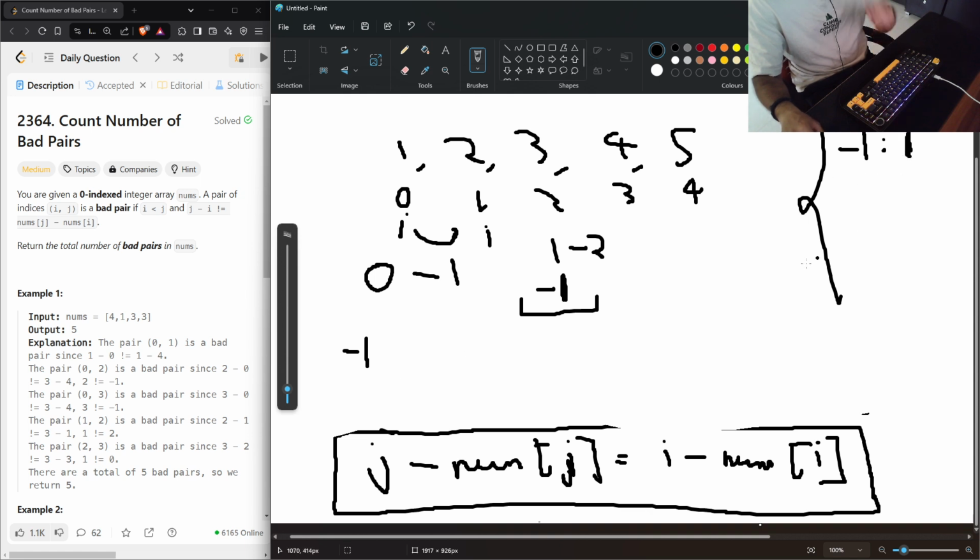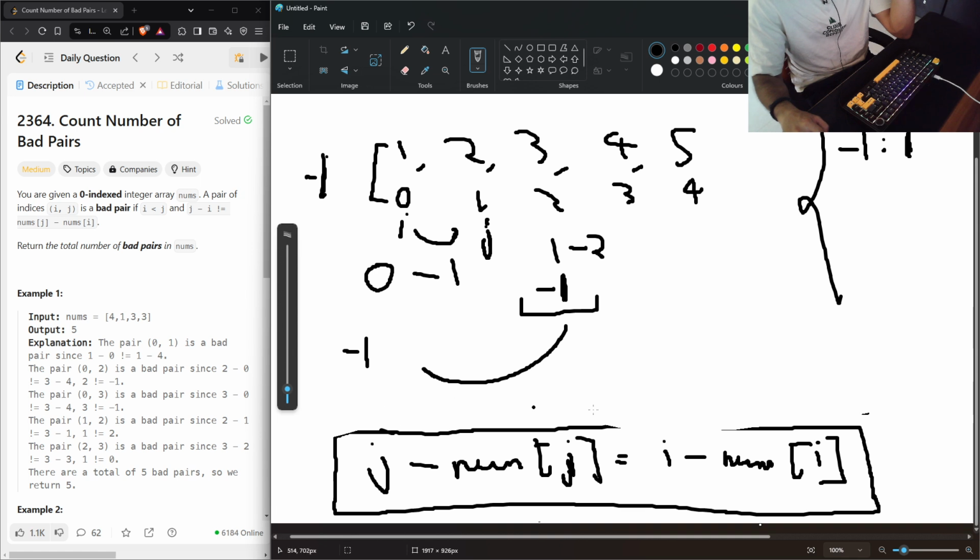This minus 1 that we found here can be paired with the minus 1 we already have in the hash map. This is the first index where we found a minus 1, and then again we found the same thing on this one. So if we imagine this as a j, this j can be paired with this i, since the minus 1 values are the same on both ends.